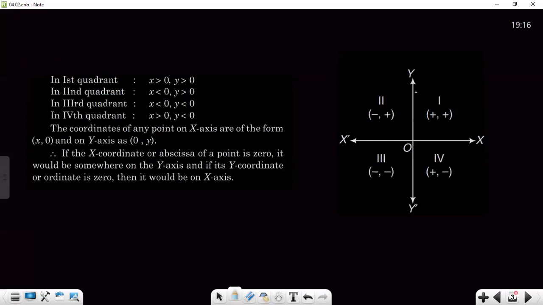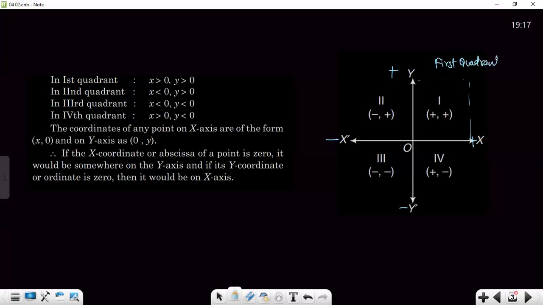Now let's discuss quadrants. As we see, this is plus x, this is plus y, this is minus x, this is minus y. Whichever point lies here between x, o, y in this plane is in the first quadrant.